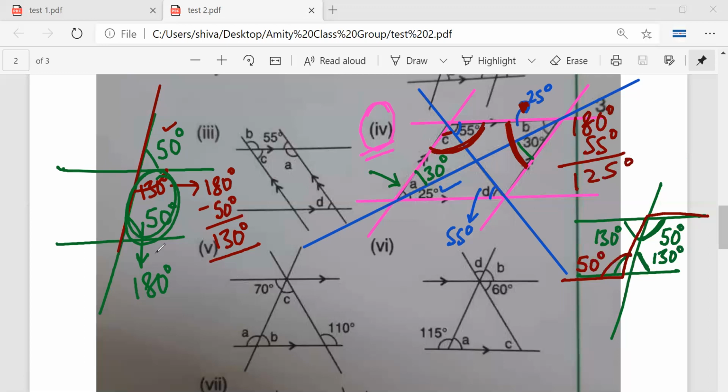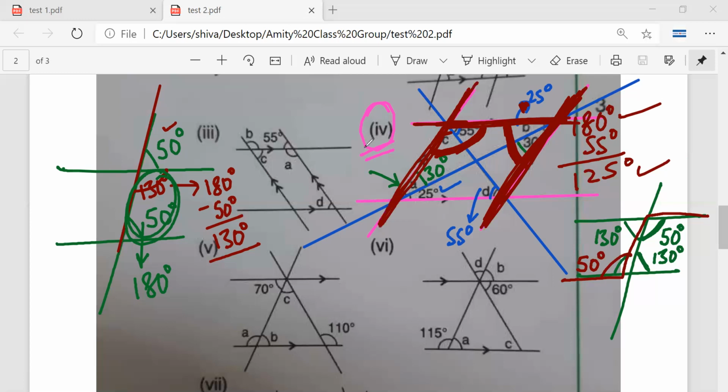Because that is what we discussed. This line is parallel to this line. These two lines are parallel, and this is a transversal. Therefore, whole of this plus whole of this has to be equal to 180 degree. Any doubt? No, sir. Now, whole of this is 55 degree. Therefore, whole of this would be 180 minus 55 is equal to 125 degree.